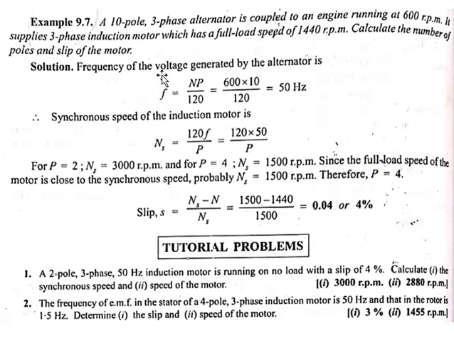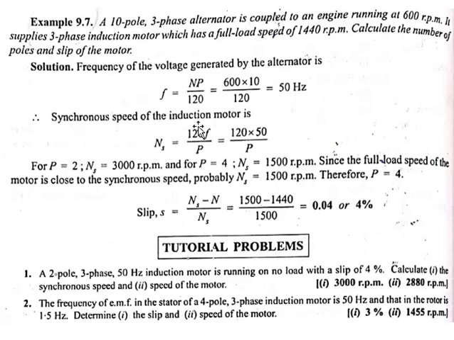And what is the frequency of the alternator? It is given by f is equal to N into P divided by 120. N is the speed of the alternator, P is the number of poles of the alternator. So 600 is the speed of the alternator, 10 is the number of poles. 600 into 10 divided by 120, we get 50 hertz.